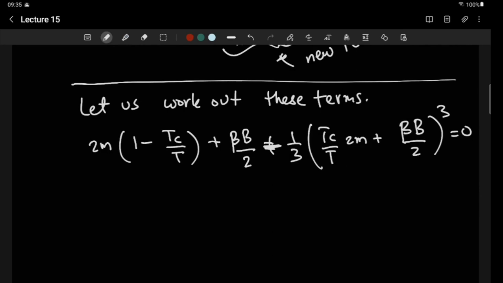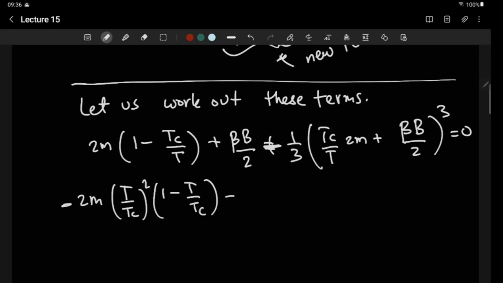So this is the equation. Again, like before, what did I do? I multiplied it by 3 into t by tc whole cubed. So then I'll get some terms. 2m into, as before, t by tc whole square, there's a minus here, 1 minus t by tc, after we take that, plus, now I have to multiply this and write it as t by tc whole cubed, whole square, and beta is 1 by kbt, so there will be some cancellation.